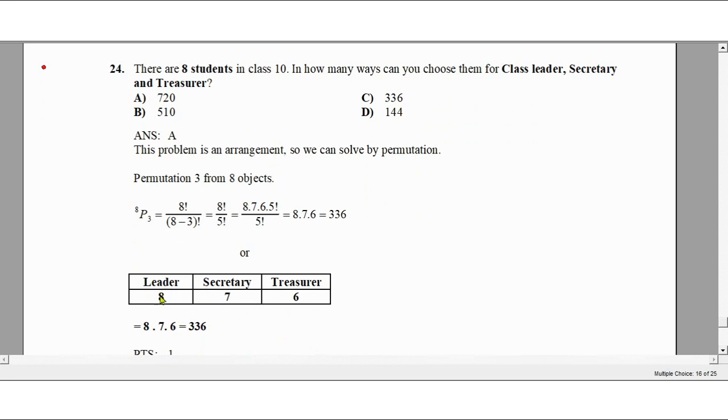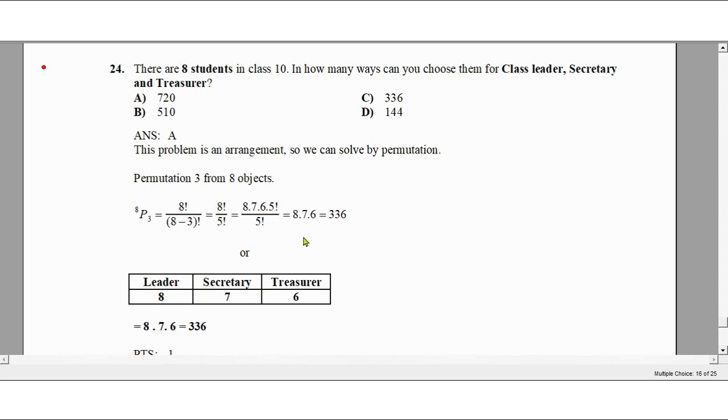Or we can do it like this, the simplest way. For leader, you have 8 possible students. For secretary, 7, and for treasurer, 6, because we cannot choose the same person more than once. So you choose one person from 8 for leader, and then 7 remain.